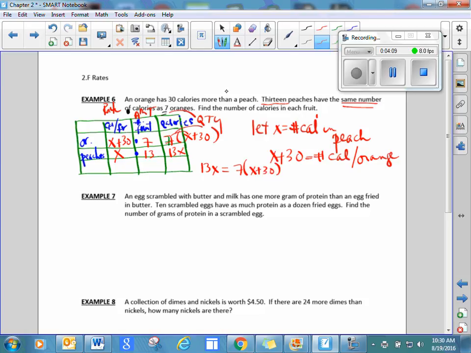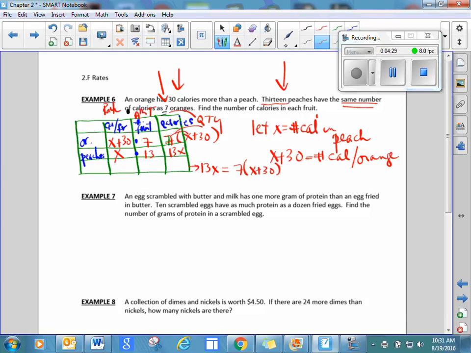So this is an instance where you're setting these two last column quantities equal to each other based on this sentence right here. This sentence and this 7 gave us the information for the chart. This sentence right here gave us the information to solve our equation.